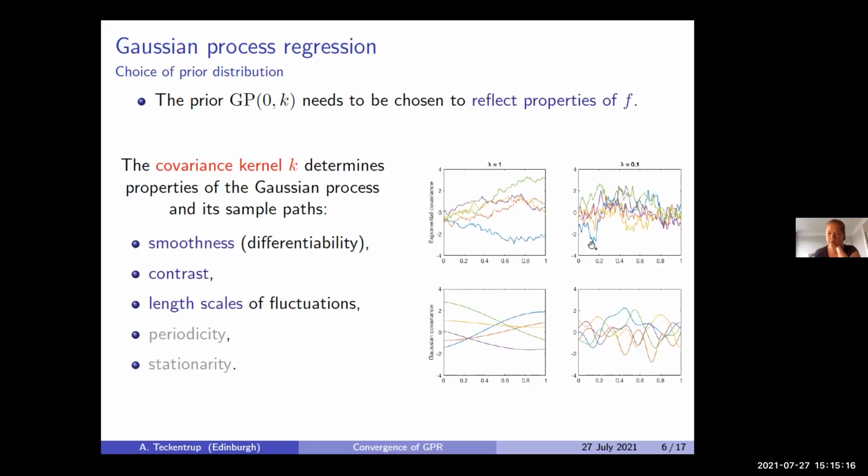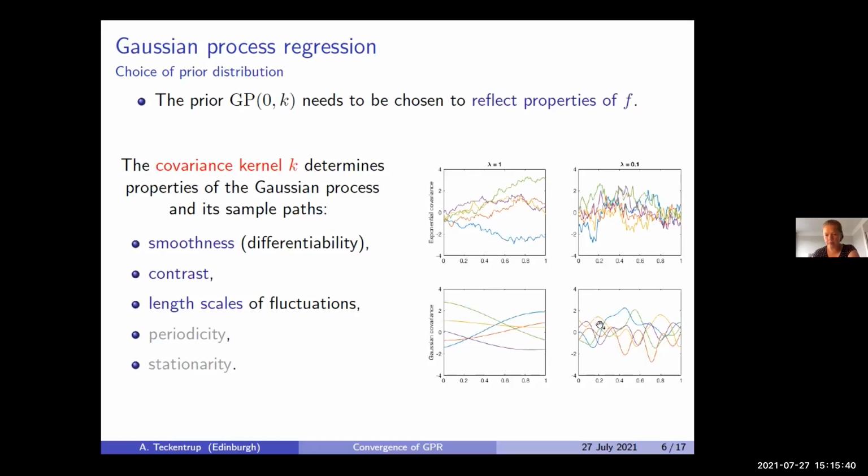In the top row, I've chosen a covariance function that gives you sample paths that are not even differentiable. They are continuous, but not differentiable. If you're familiar with this area, I've chosen the exponential covariance function, the covariance function of the Ornstein-Uhlenbeck process. You can see that they look quite rough.